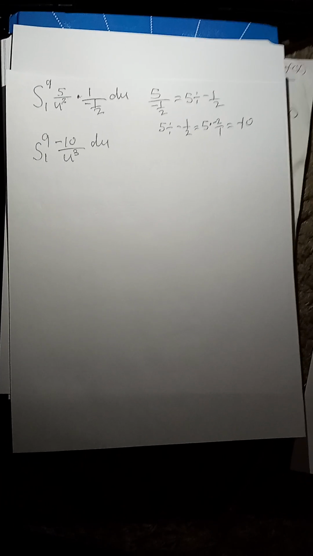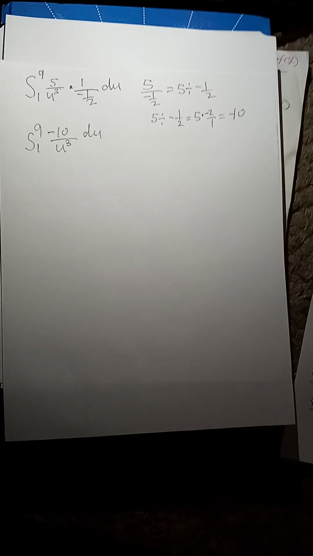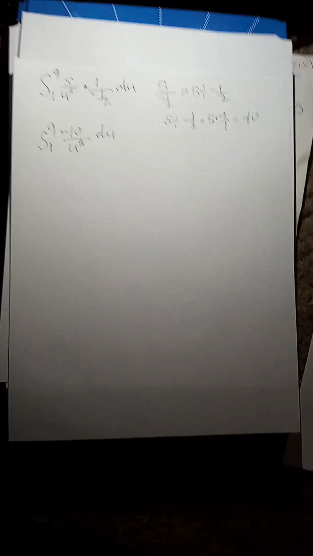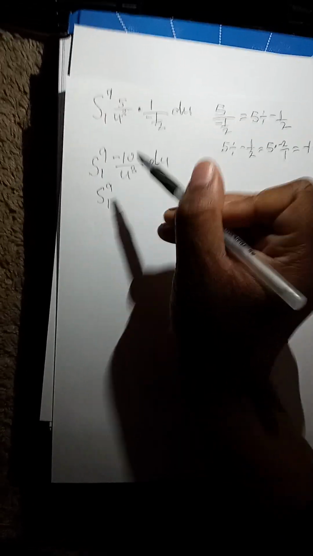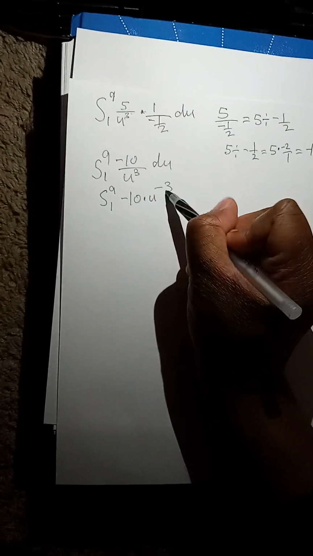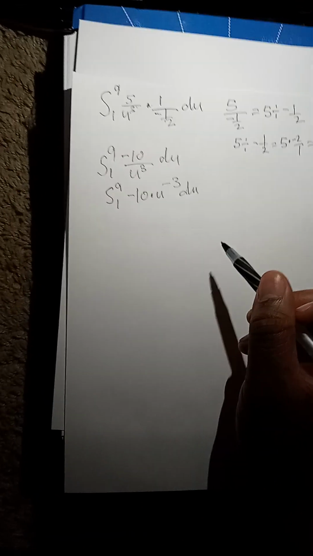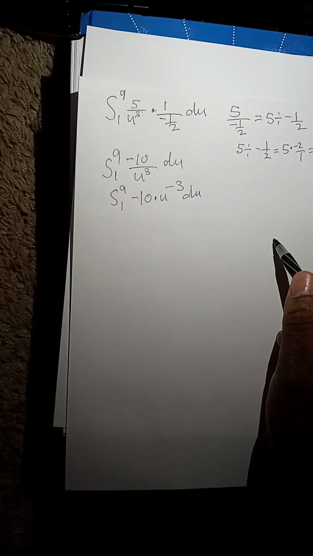When the power is positive in the denominator, if I bring u to the third to the numerator, the exponent will turn negative. So the integral from 1 to 9 of negative 10 times u to the negative 3 du. So now we could integrate.